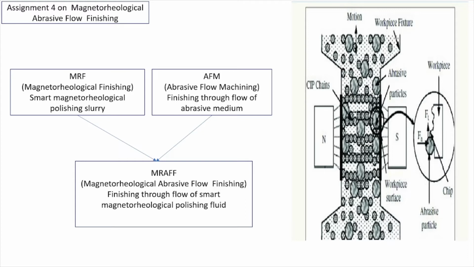The abrasive, which we have discussed, is held by the carbonyl iron chains, which rub the workpiece surfaces and shear the peaks from it. The amount of material sheared from the peaks of the workpiece surface occurs by the abrasive grains.